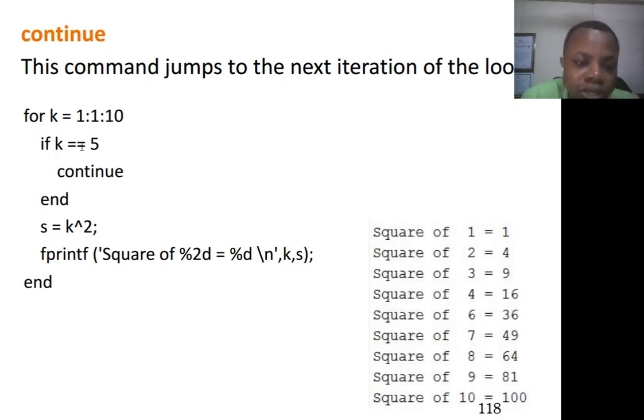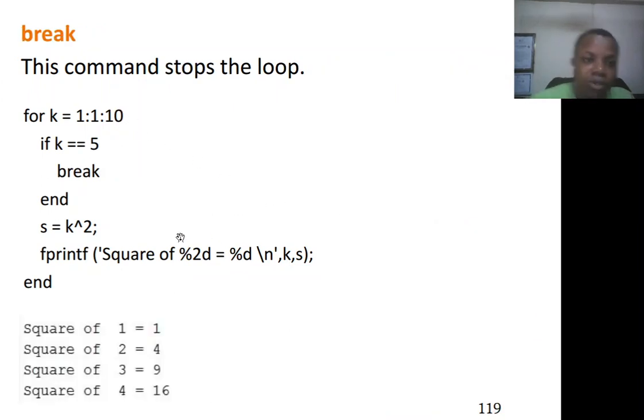Once we introduce this argument, as soon as the looping starts and it gets to k equal to 5, it's just going to skip the fifth and move on to the next iteration. Looking at the output here, you can see that the iteration will run for 1, 2, 3, 4, but as soon as it gets to 5, it skips and continues from 6. So this will continue until it gets to the 10th, and that is what this code is doing.